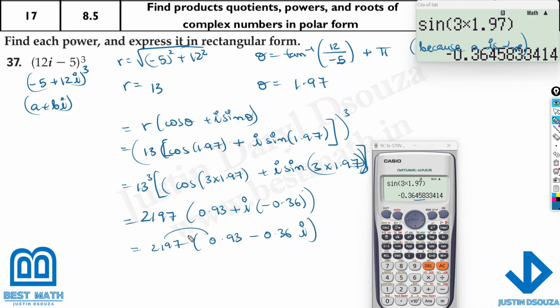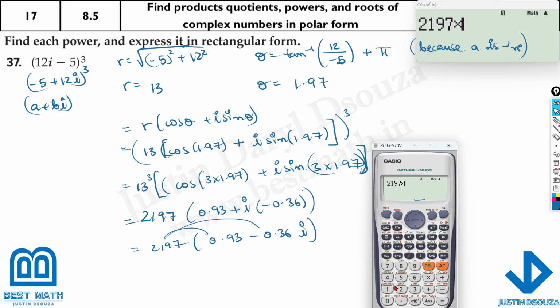Now it's not over. You need to multiply this value inside to both of these terms. So it'll be 2197 multiplied by, let's do 0.93. That's going to be, let me put it as 93. That's going to be 2043. I'll just write it as a whole number, I think, so that's fine.